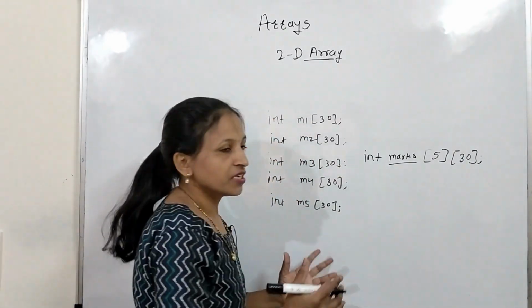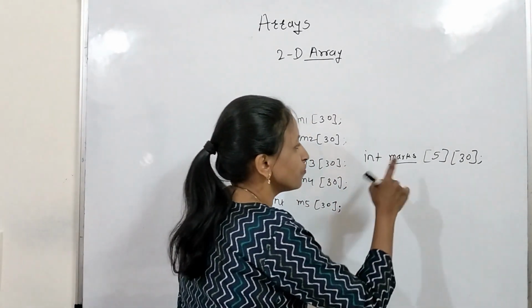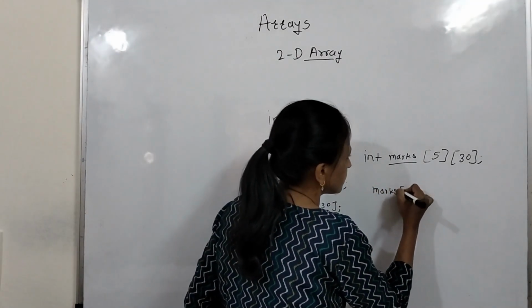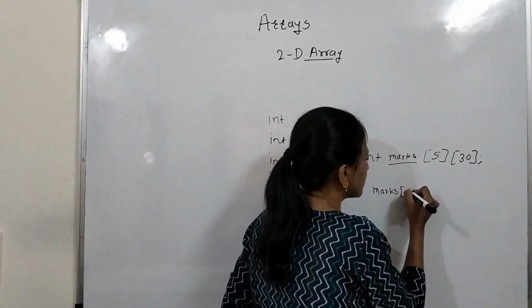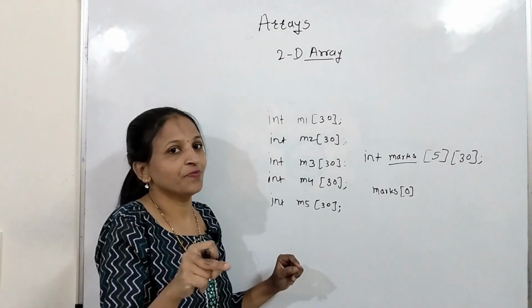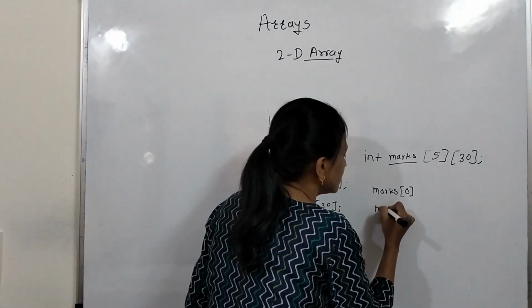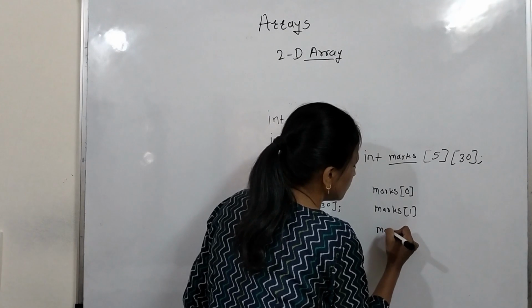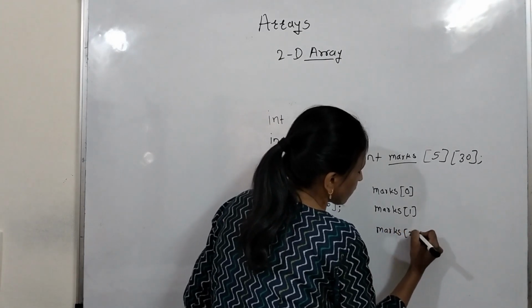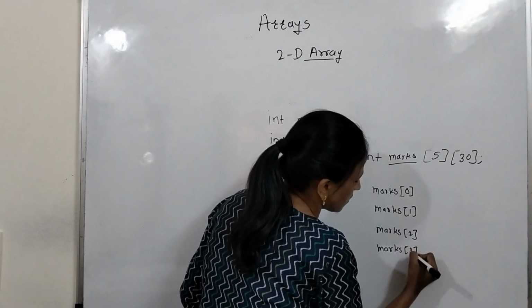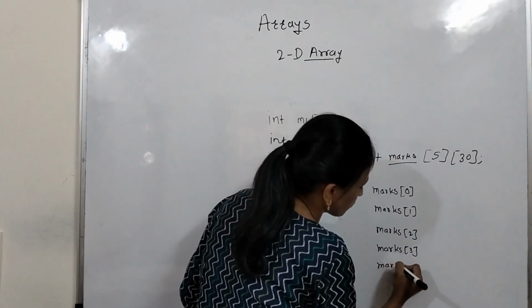Now see how to access individual elements of this array. The first element will be like marks of 0. This represents the first array. Second is marks of 1, then marks of 2, marks of 3, and marks of 4.